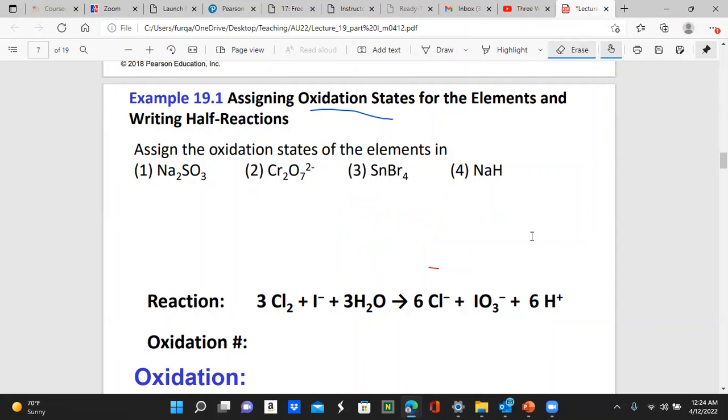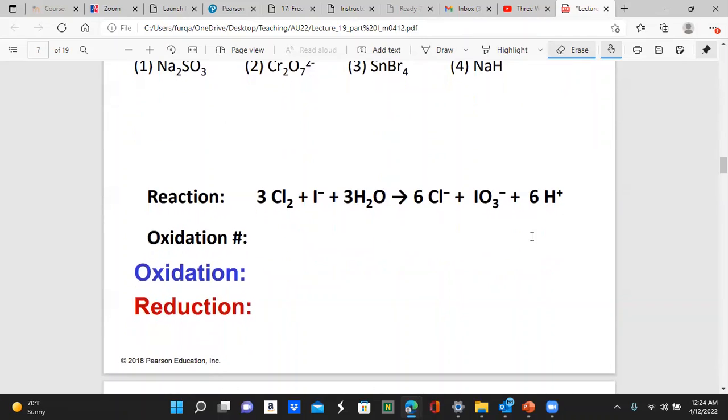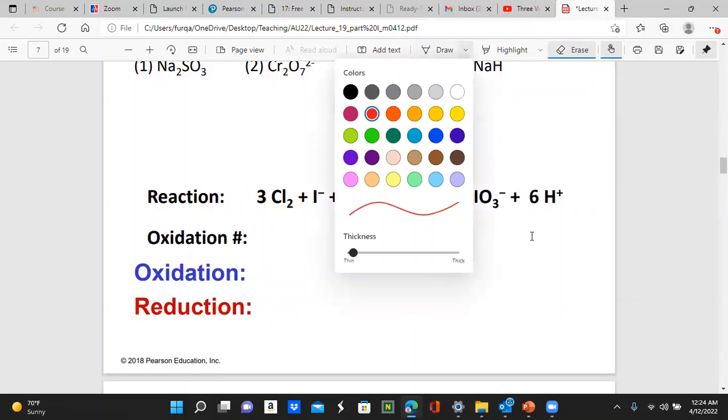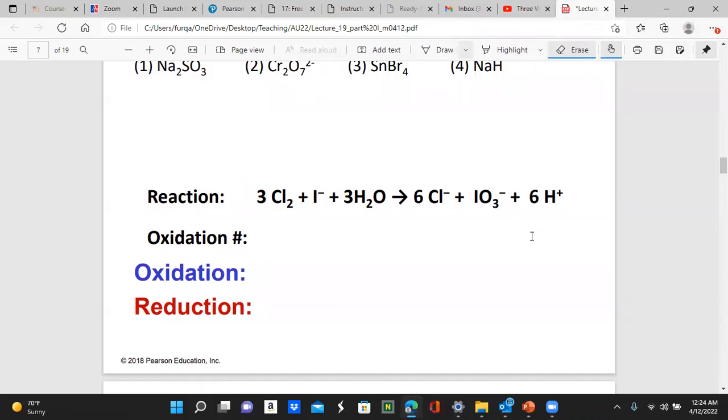Okay, so now we are going one step ahead, and we are trying to look at a chemical reaction, and we are going to assign the oxidation state to all of them in this chemical equation. So let's start with chlorine. Diatomic chlorine means it's in its elemental state. So if there are 6 chlorines here, all of them are zeros.